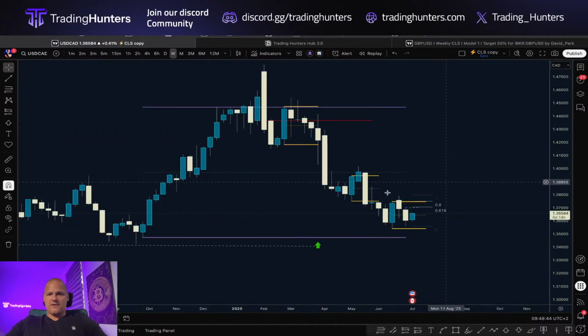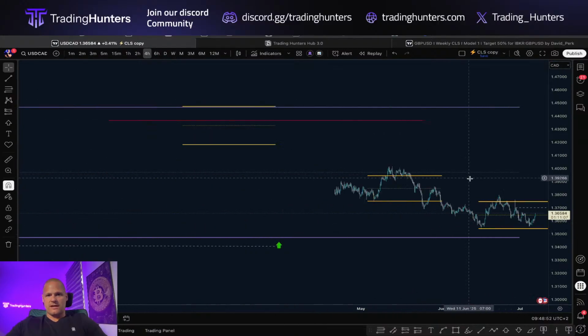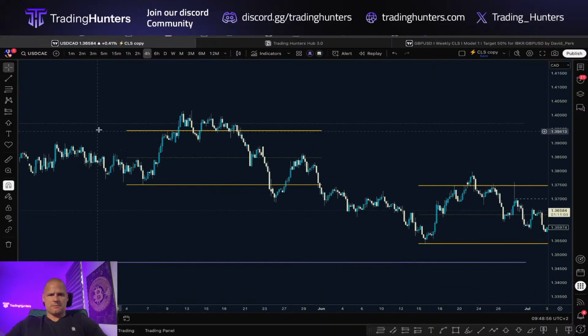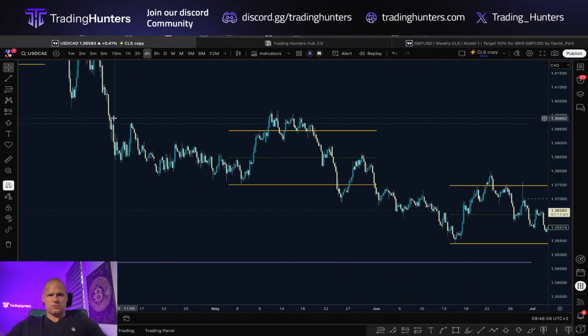Then we have another range in here. There wasn't that clear a close inside, but when I was looking at it on the lower time frame, we had basically this manipulation in here of these two equal highs into this fair value gap.